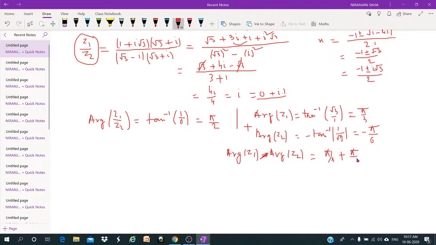So 60 degrees and 30 degrees must be 90 degrees, pi by 2. You can look, both are equal. So we have tested and verified that this relation is true.